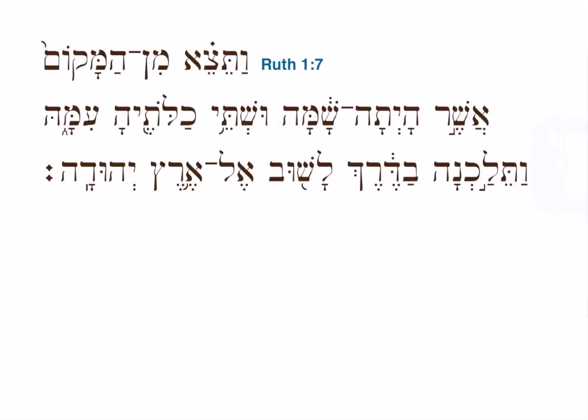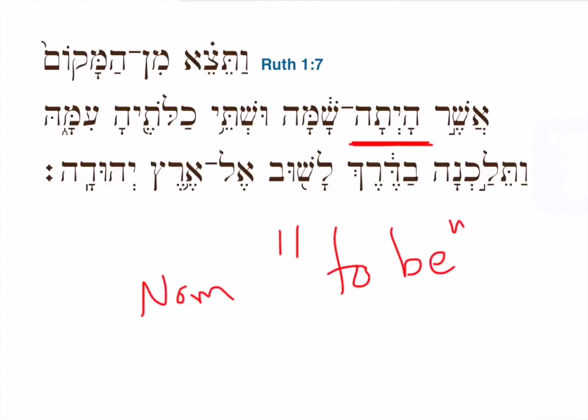Now you heard me say, translate this verb "existed." Literally, this verb is not a "to be" verb, but it is a verb that actually takes an accusative. A "to be" verb takes a nominative as the subject and a nominative as the predicate.